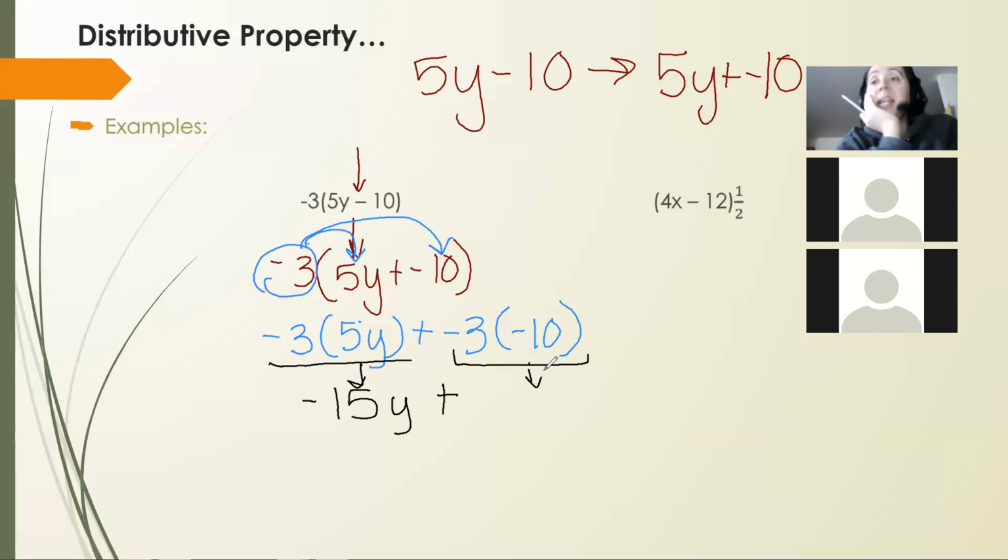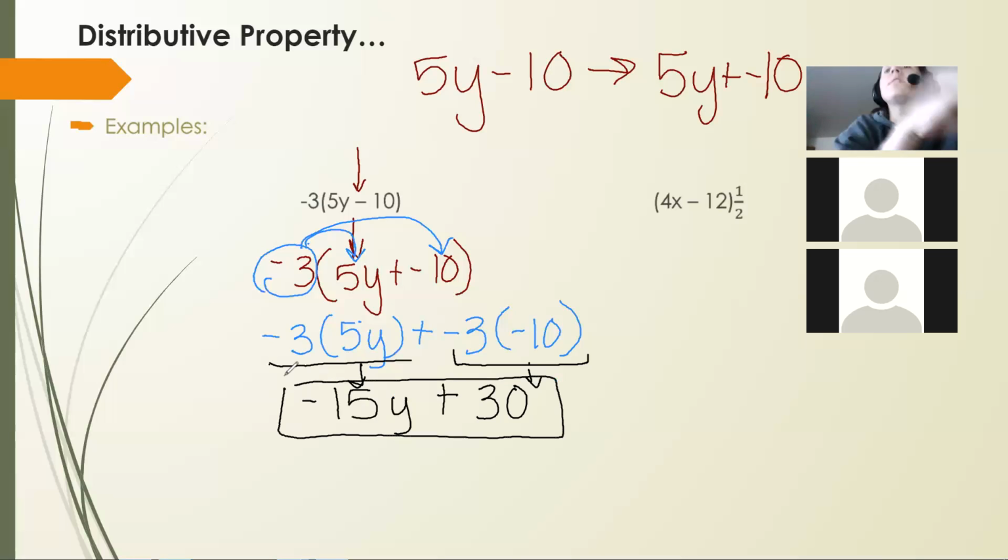What do you guys think? Negative 3 times negative 10. 30. Yeah, very good. 30. So our final answer would be negative 15y plus 30.